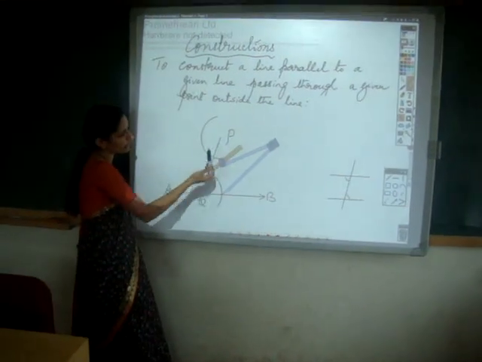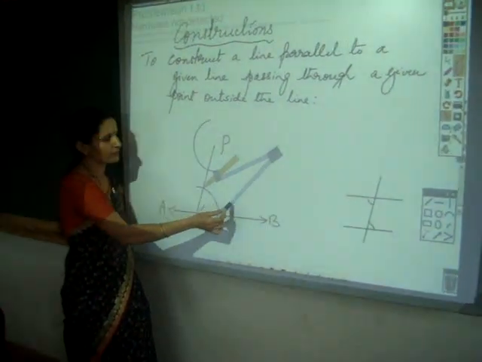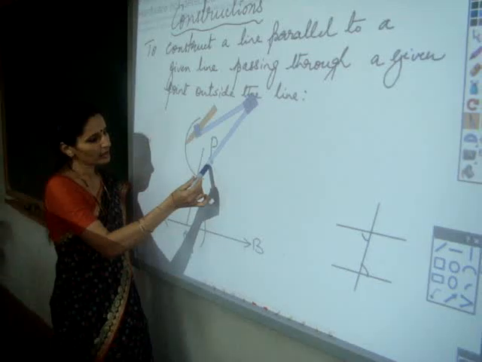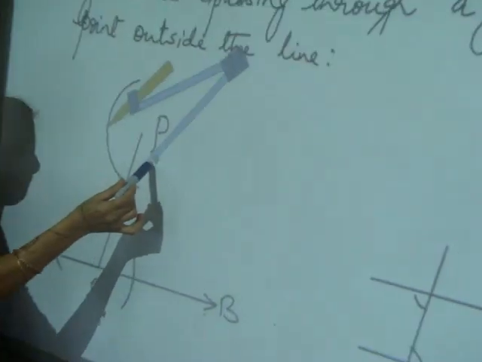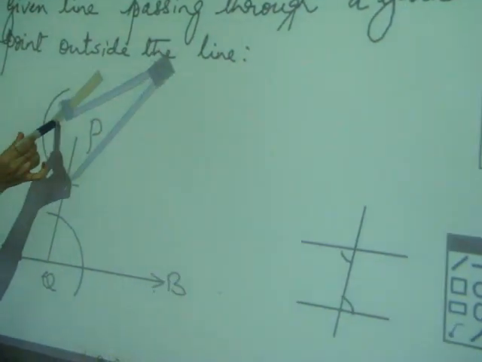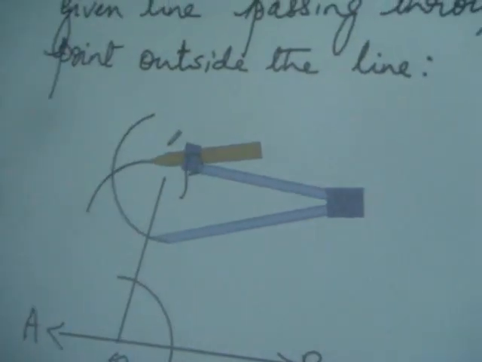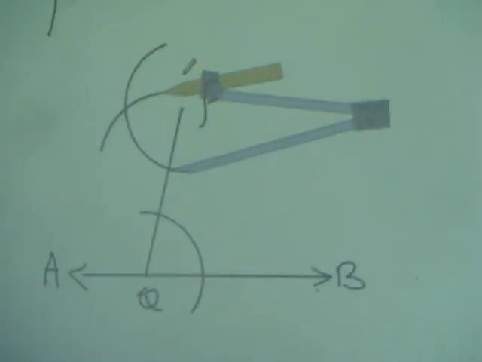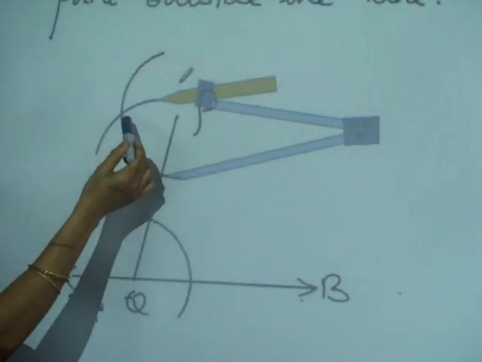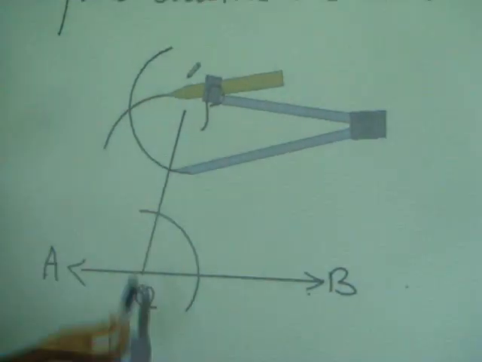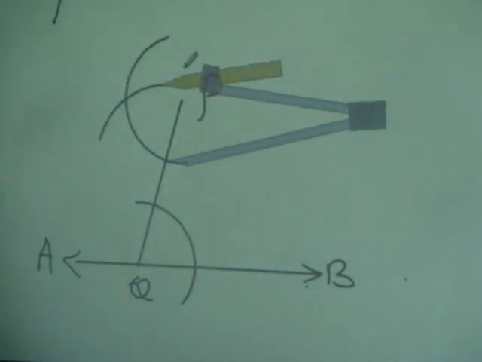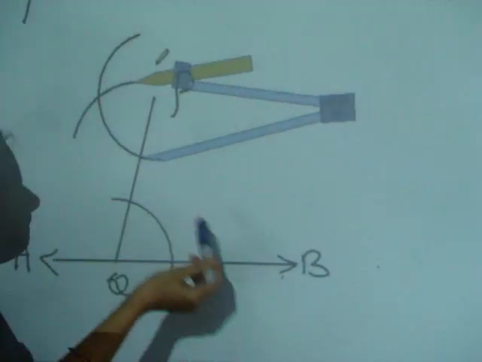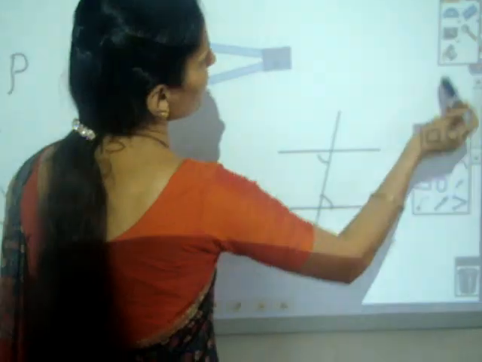This angle should be duplicated here at the point P. For that, let me cut with the same width of the angle, creating a new angle which is the alternate angle of the angle PQB. Now the angle is created by drawing an arc, which is one more intersecting arc with the first arc. Let me join the point P and the new point of intersection of the arcs.